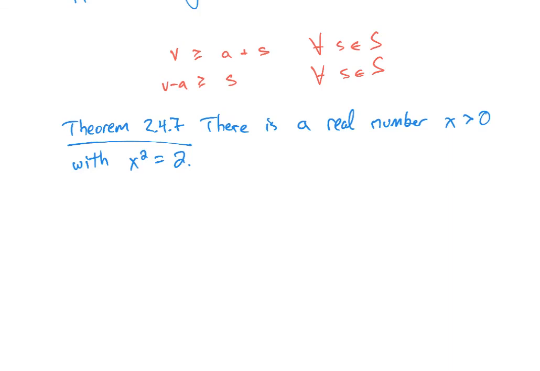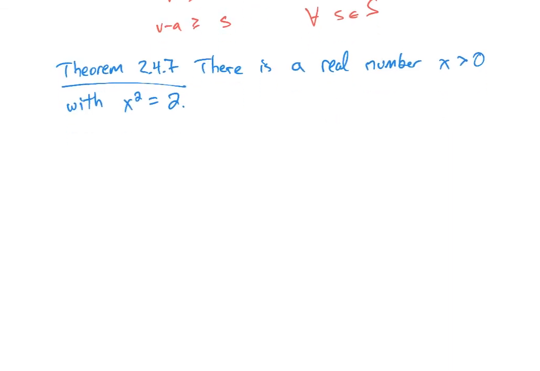Okay. We don't have time to do the proof, but the key to the proof is you look at the set of all the real numbers, little s, such that we only want the positive ones, actually, we might as well say positive, such that their square is less than 2.